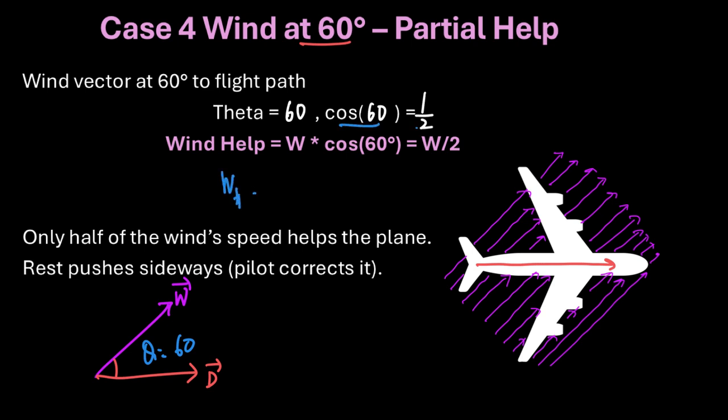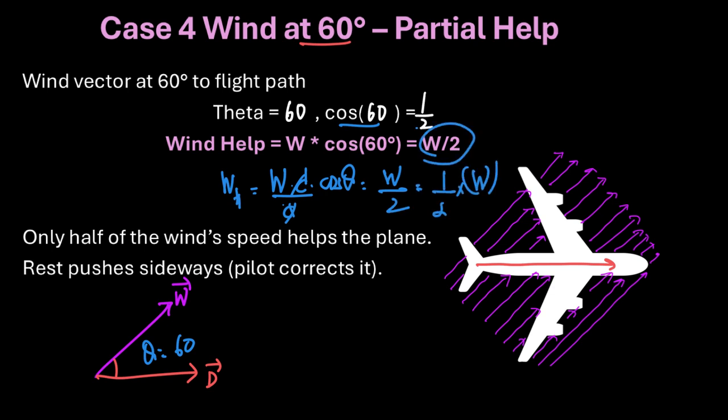Therefore, what is the wind help? It is W into D by D into cos theta. D by D is 1. W cos theta, cos theta is 1 by 2. So it becomes W by 2, in other words, half the value of W.